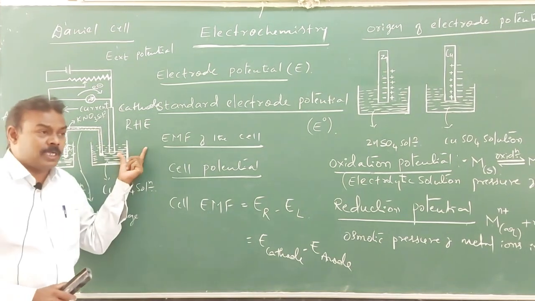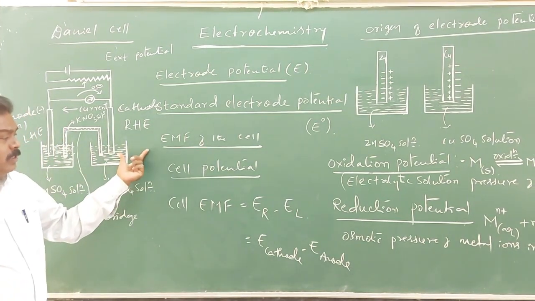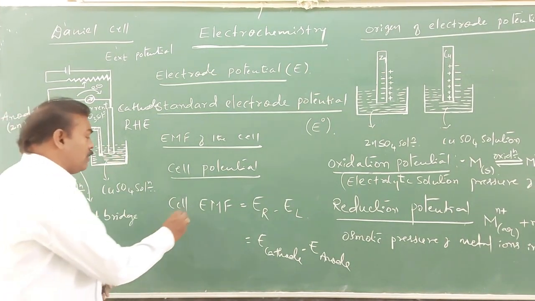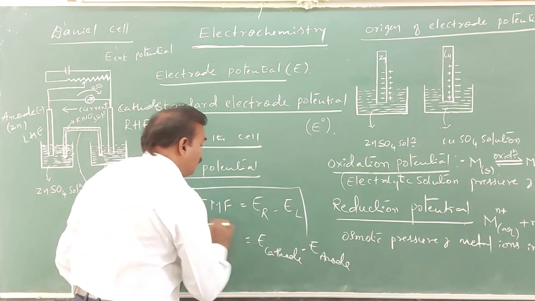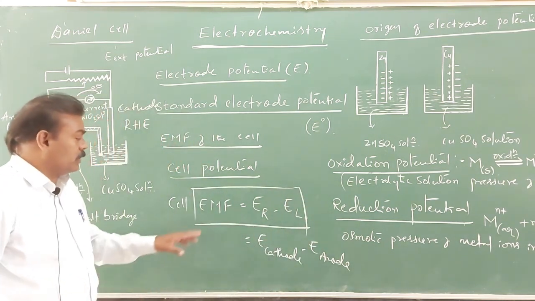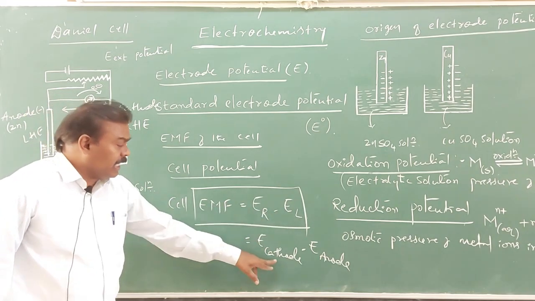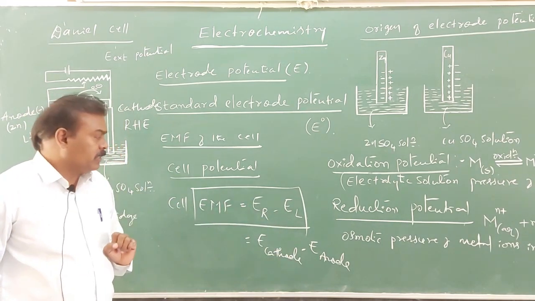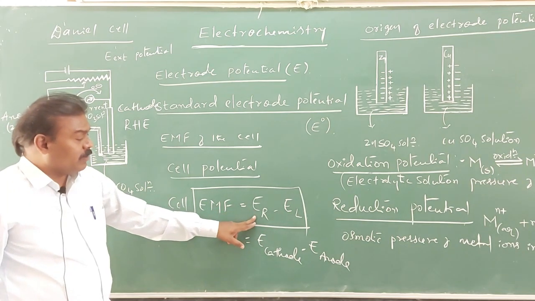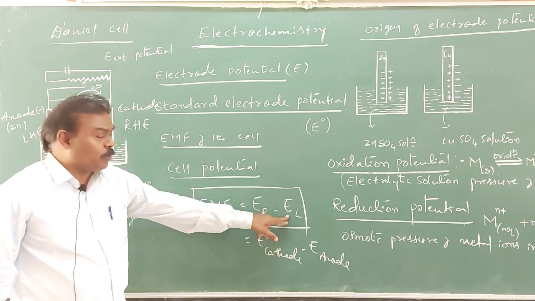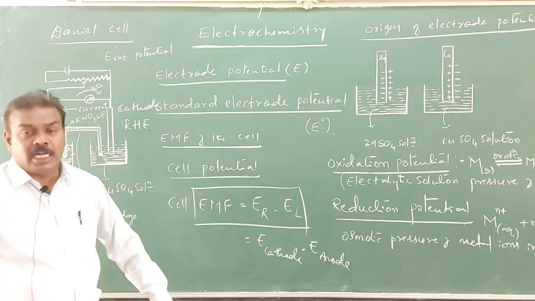During the calculation of the EMF of the cell, we take this relation: EMF of the cell is equal to ER minus EL, or E cathode minus E anode.